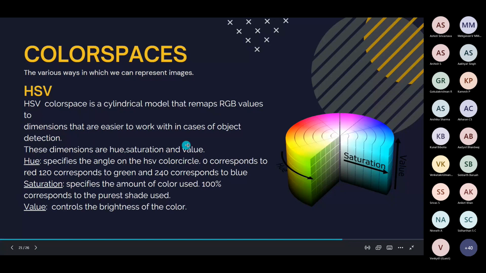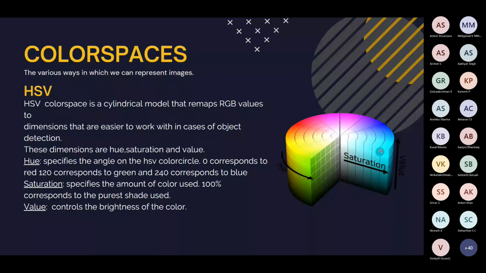You can imagine this color space as a cylindrical model. What hue represents is, if you were to take the top circular face of this cylinder, where on this color circle you will find yourself.